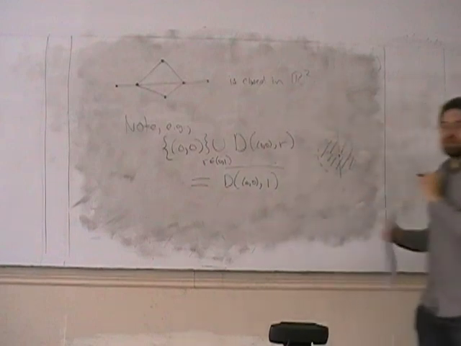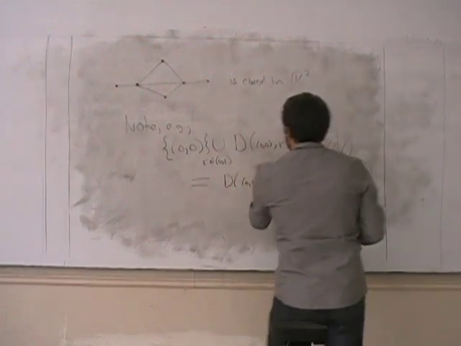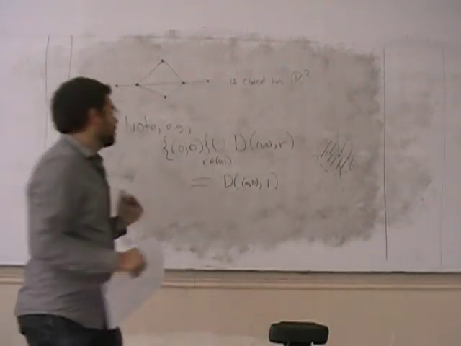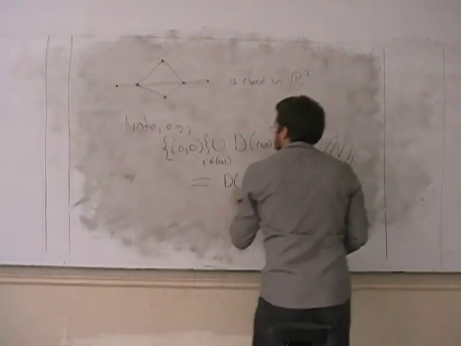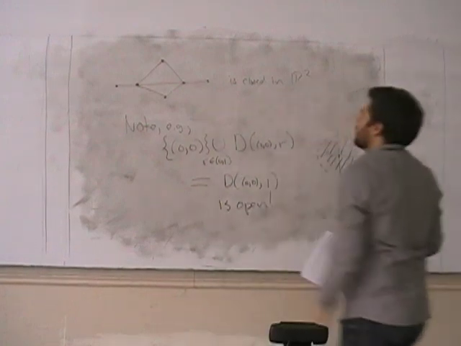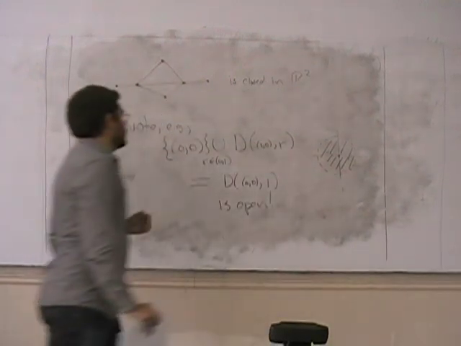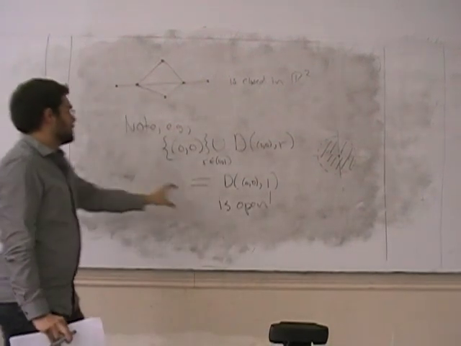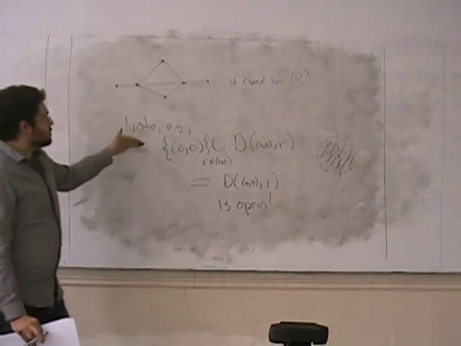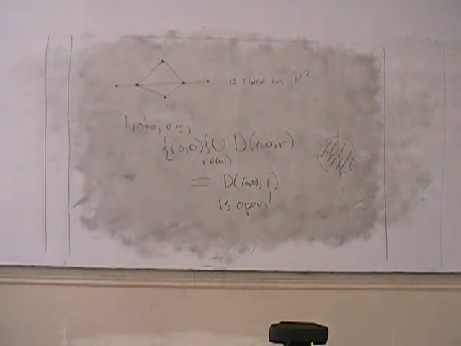And it's not open. Oh, I'm sorry. It is open. Yeah, that's the point. It's open. So that's an example where you have a union of closed sets, but it's not closed. But as long as you stick to finite unions, by the rules of topology, it has to be closed, or else it's not a topological space.